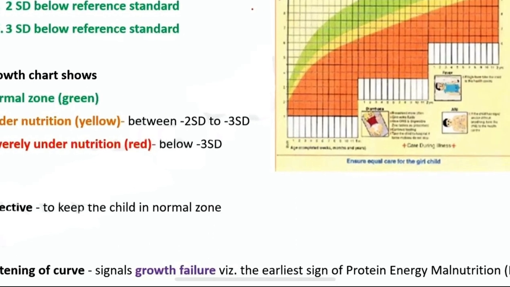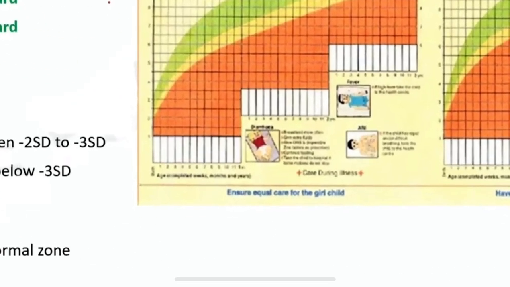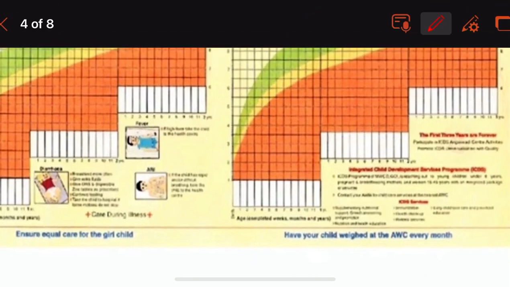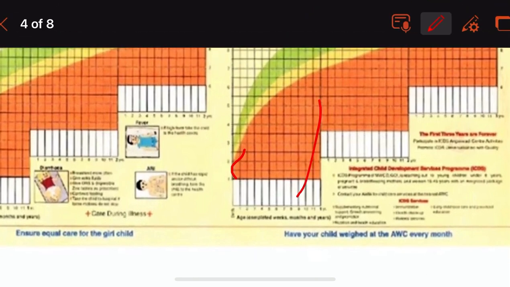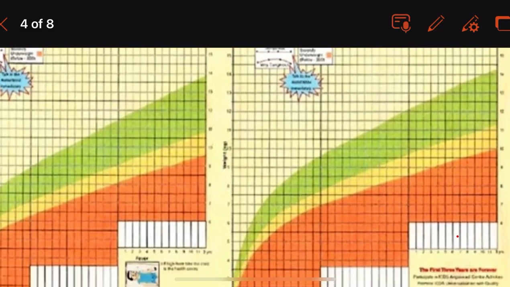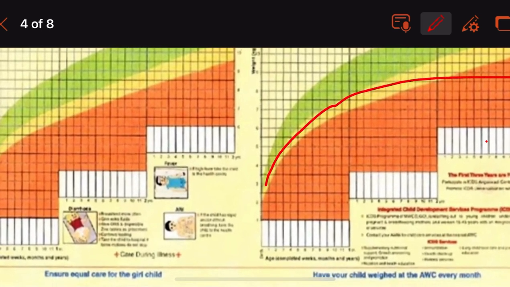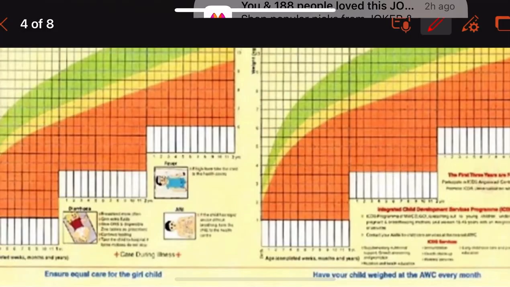The flattening of the curve. If the baby's growth started like this and then the flattening occurs, it shows that the baby is going towards undernutrition.